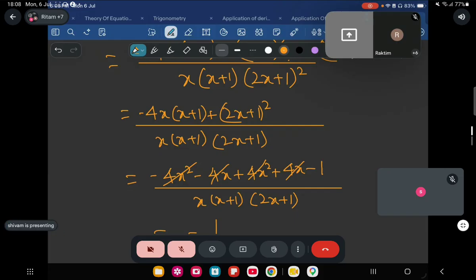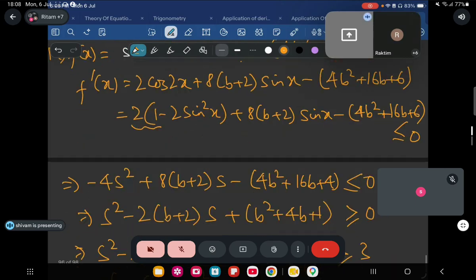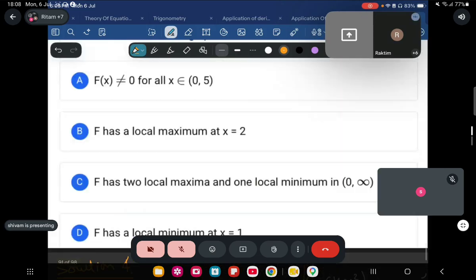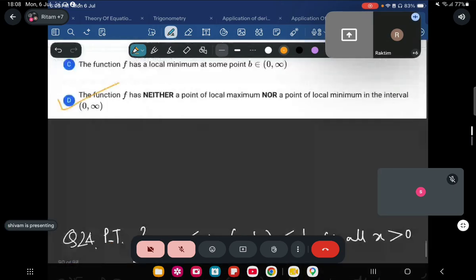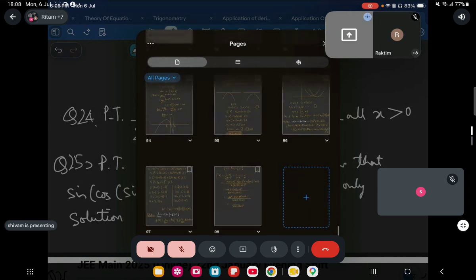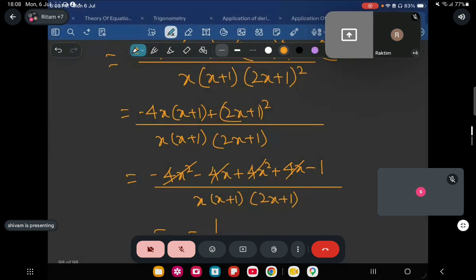Now over here, that is minus 1. So this should be plus 1. I'm checking for x greater than 0. Let me see. Yes, it should be plus 1.